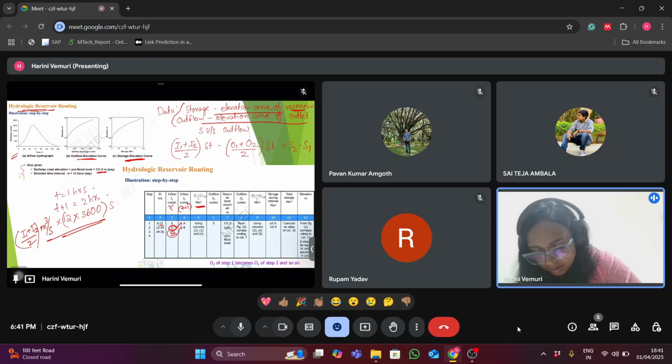So if you see from this curve, the elevation is 131.2, almost closer to 131 meters. Then the corresponding discharge will be almost equal to 0, right? So we are saying it's 0.